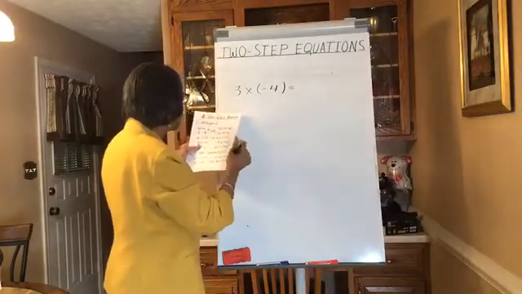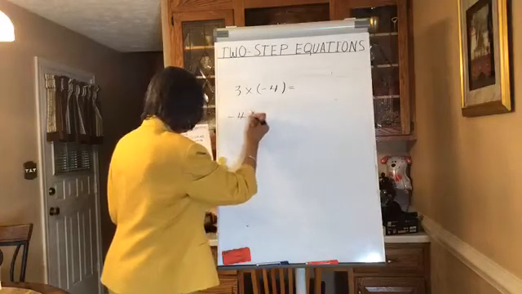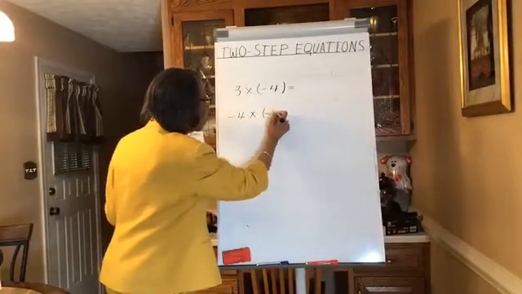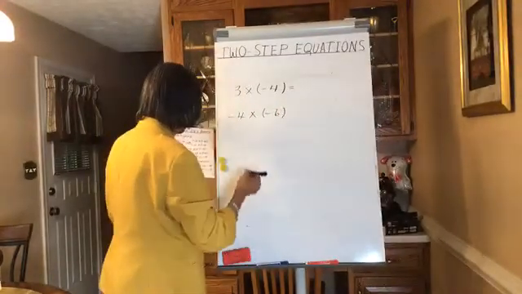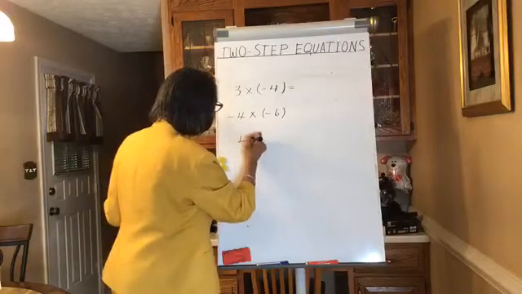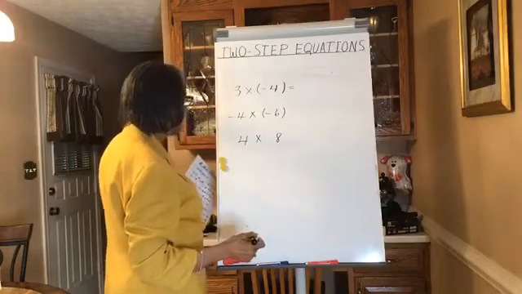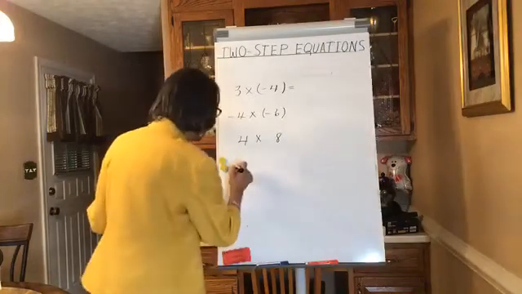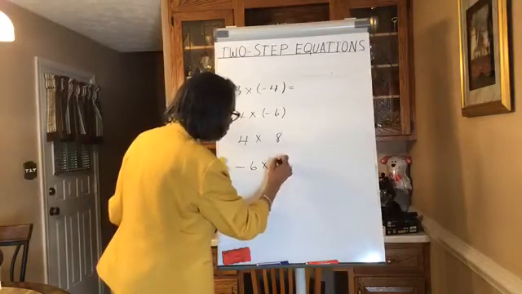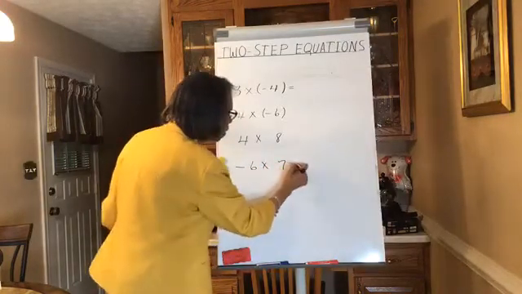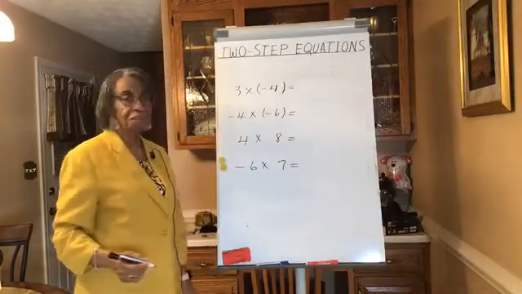Let's do negative 4 times negative 6. And let's do 4 times 8. And let's see what I haven't done. Okay, negative 6 times 7. So I have each type up here that you should be able to do.